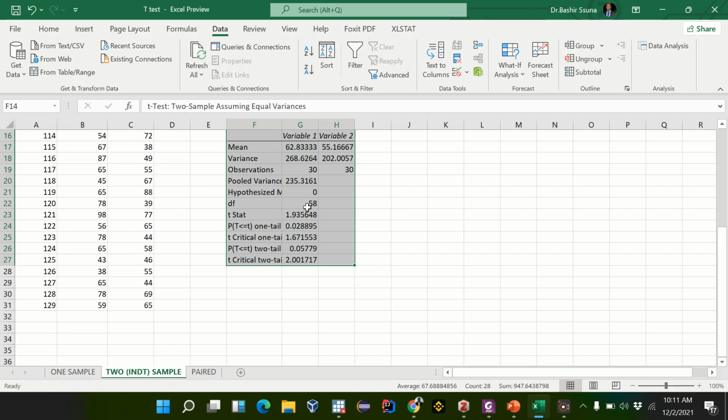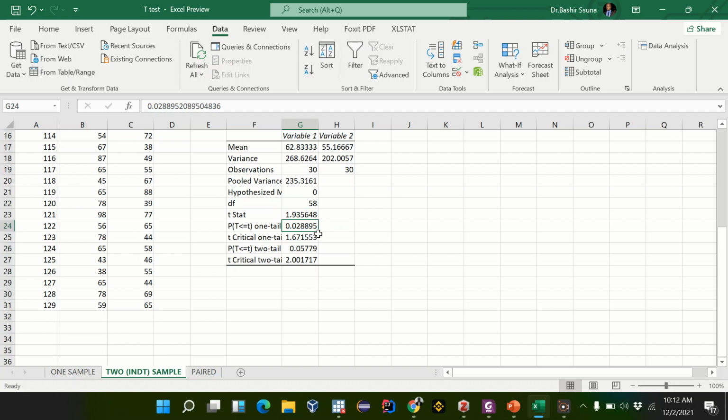And if we look at the degrees of freedom more in hypothesis testing, the test statistic at 58 degrees of freedom, one tail, is 0.02.